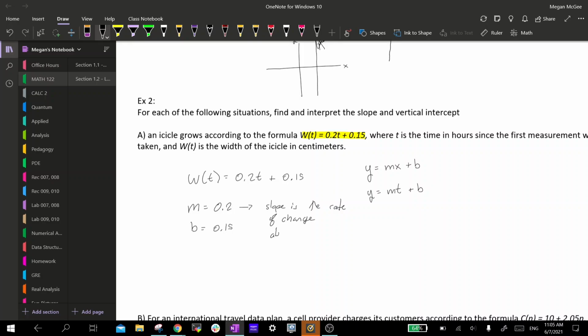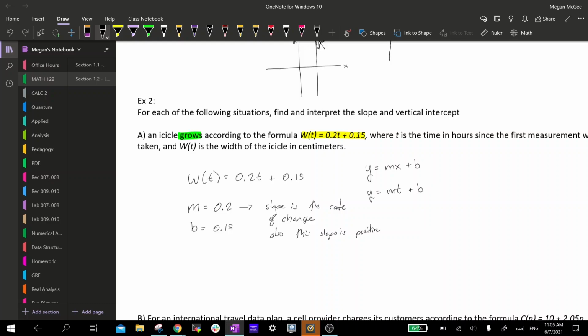Also, this slope is positive. And earlier we made a note that a positive slope meant that whatever was happening was increasing or getting bigger. Well, if we double check our problem, we have an icicle that is growing. So it makes sense that our slope is positive because something is growing. It is getting bigger. Okay, so that checks out.